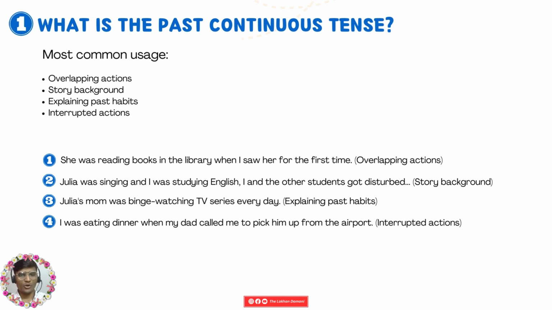Suppose you're talking about overlapping. Overlapping is just telling you simultaneousness, something that is happening at the same time. Meanwhile, when we talk about story background, they are talking about narration, something that kept happening, the story of something. Julia was singing, and I was studying, and then we got disturbed.